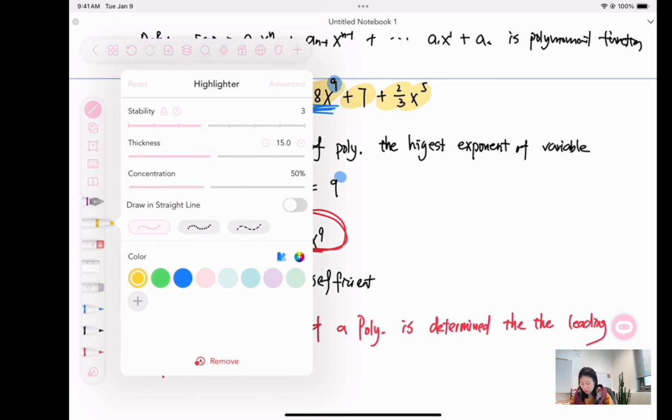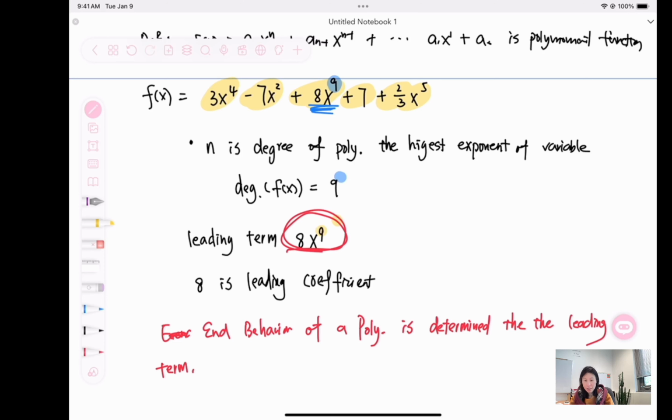First of all, this is an odd number, so we expect it to be similar to y equals x cubed. We also need to check the coefficient. Since it's a positive number, it's similar to x cubed.